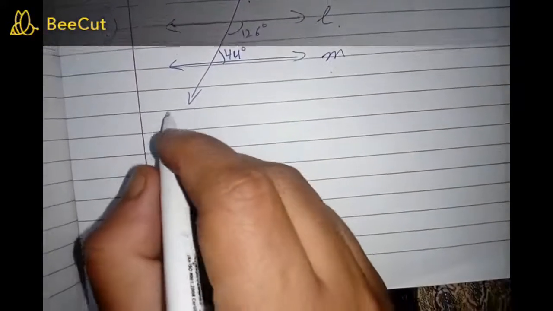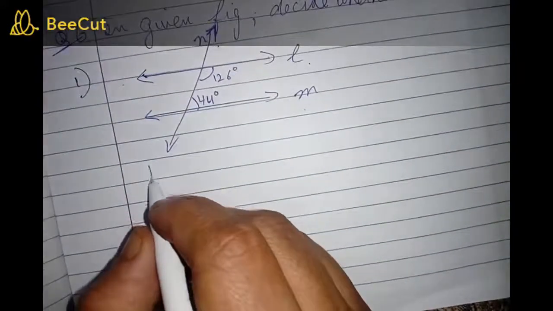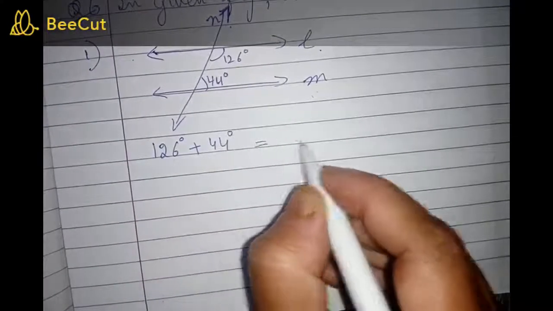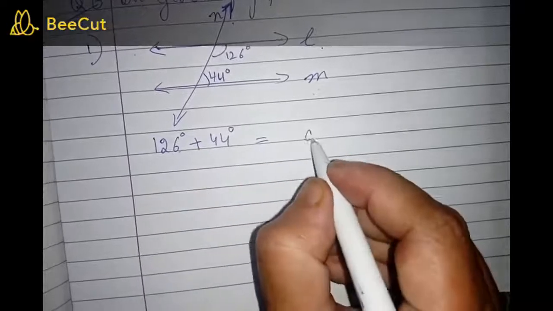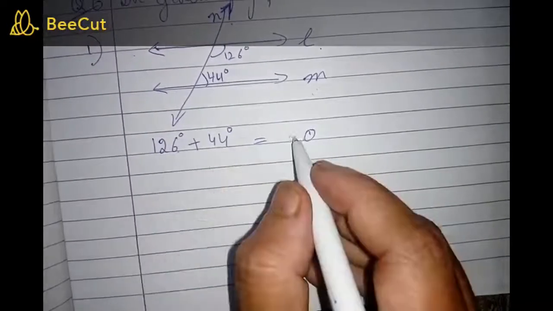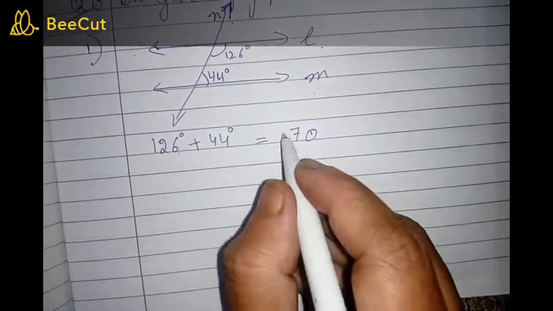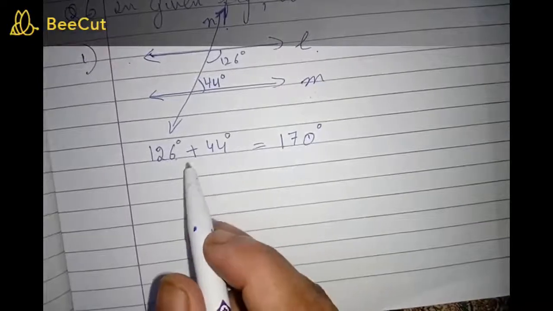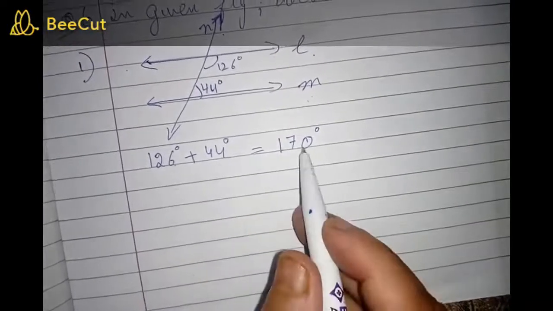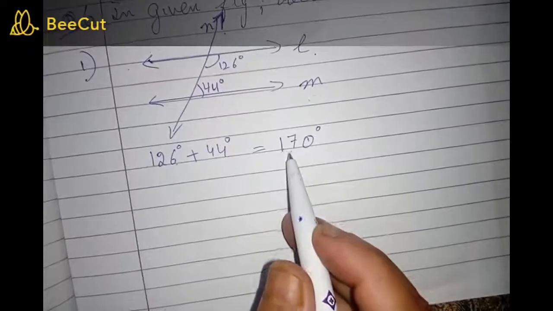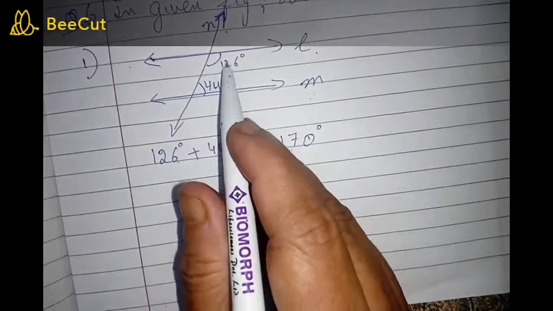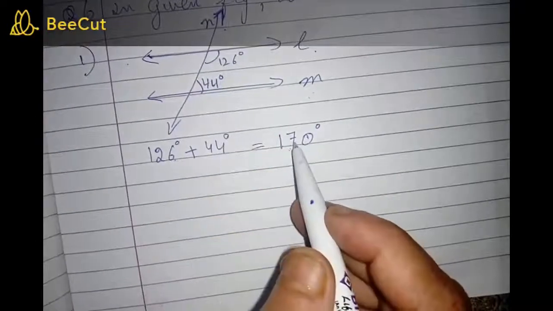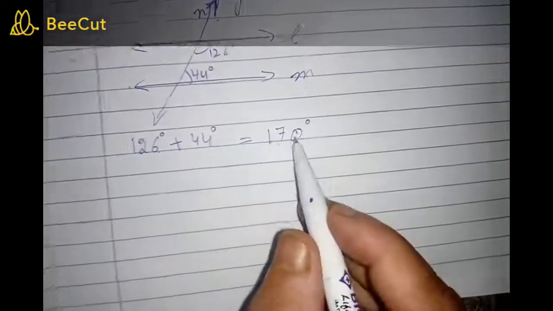So find the sum. Now see, angle 126 plus 44, 6 plus 4 is 10, 4 5 6 7, and this is 170 degrees. And what we wanted? 180. If interior angles on same side of transversal are 180, then lines are parallel, but the sum is 170 degrees.